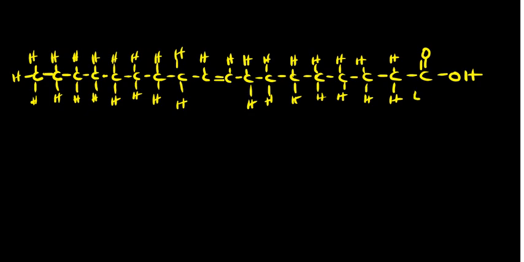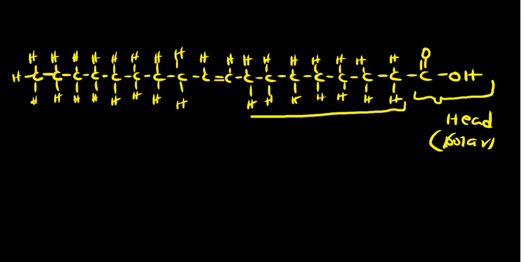So as we already said earlier, this is the head, which is the polar, and from here all the way to this other side we have the tail, which is non-polar.